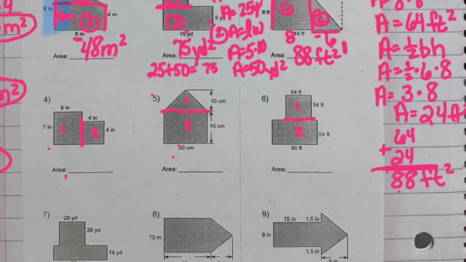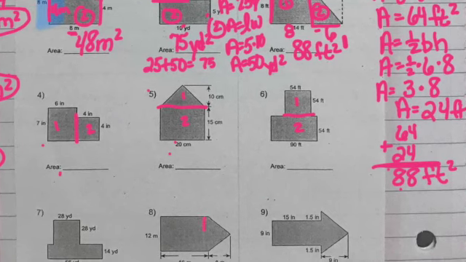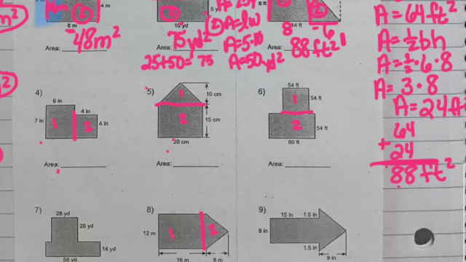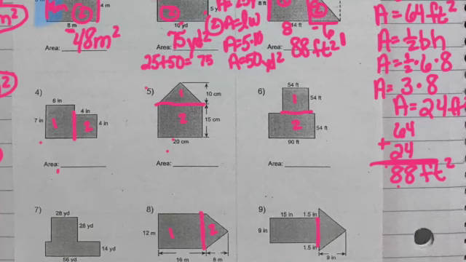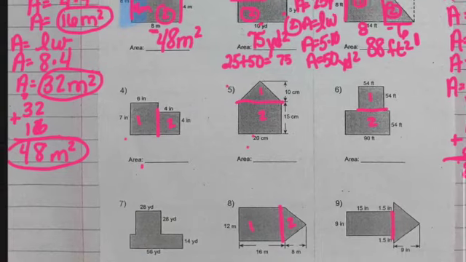I want you to do those 3. I am definitely doing number 4 with you because this one is difficult. I'll do 7 and 9 with you.